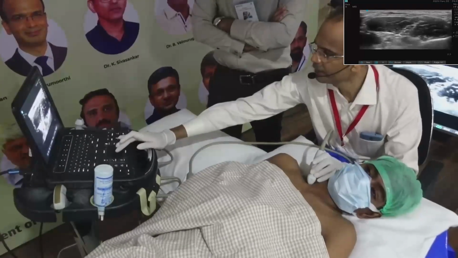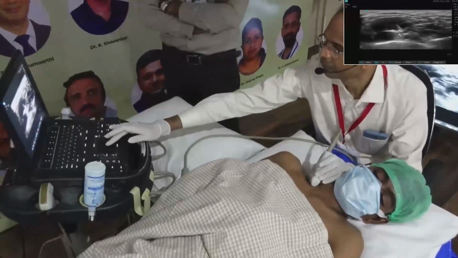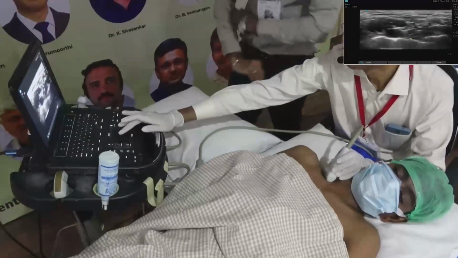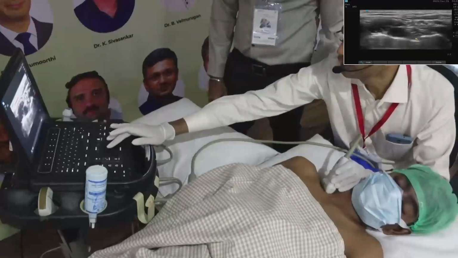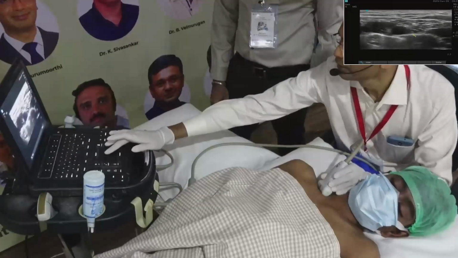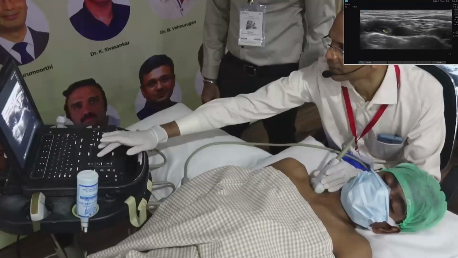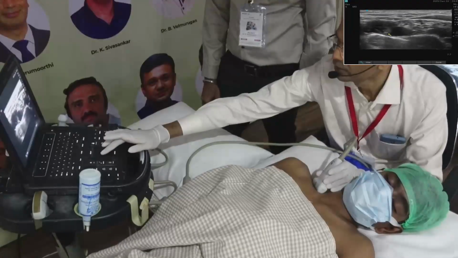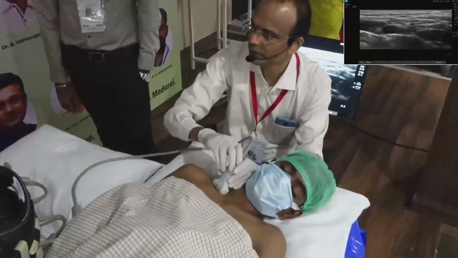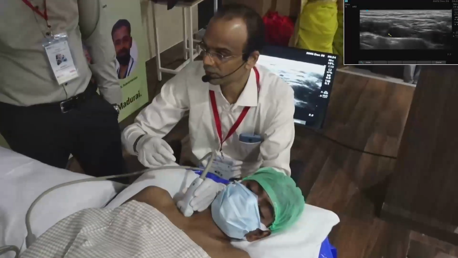T1 need not come lateral to the subclavian artery, rarely. Now we know the T1 component is coming out of the thoracic cavity and reaching here. Suppose the component doesn't come, rarely it moves to the opposite side also. Unless we identify this, there is a very high chance of missing T1 and we might end up in failure of either a selective trunk block or even a subclavian perivascular block.